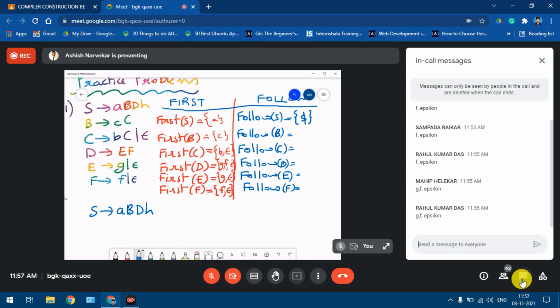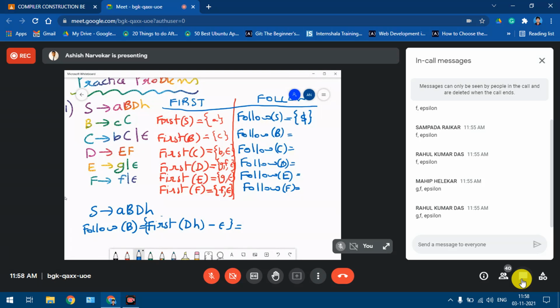Only in this production does B appear. So as per this RHS, follow of B will be equal to the first of beta. Now beta in this case is this entire thing, DH, so it will be first of DH minus epsilon.